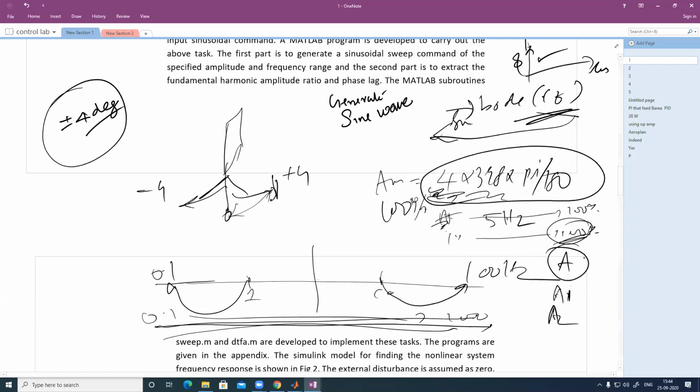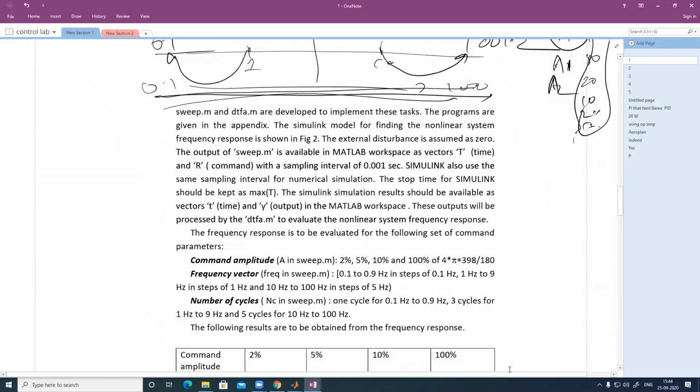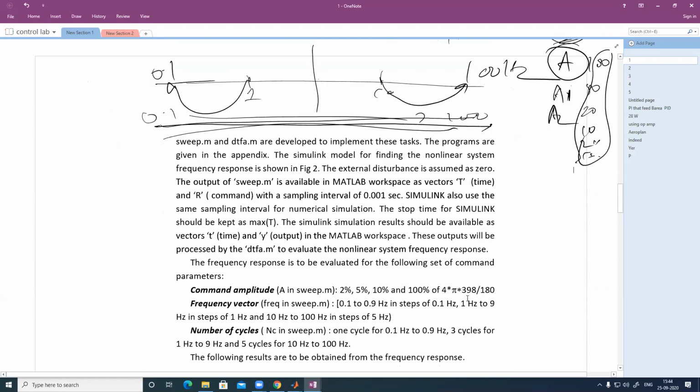So you choose 100%, 50%, 20%, 10%, 2%, 1%. These 4 or 5 samples you do it. For this lab, you are doing only 2%, 5%, 10%, and 100%.